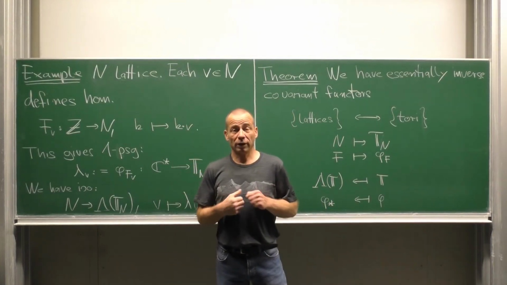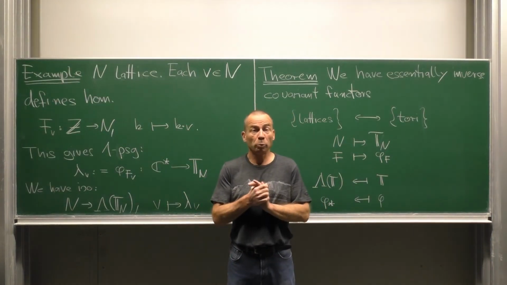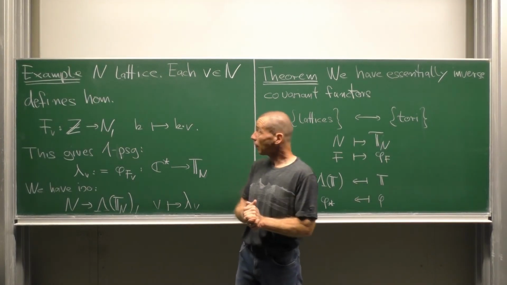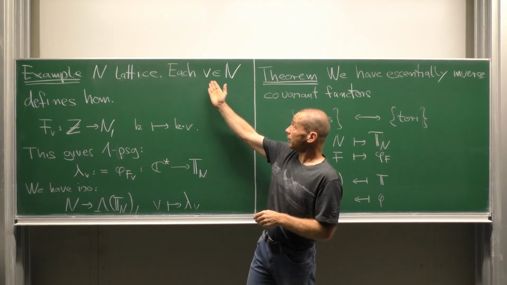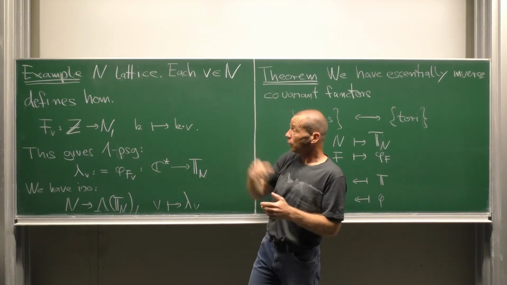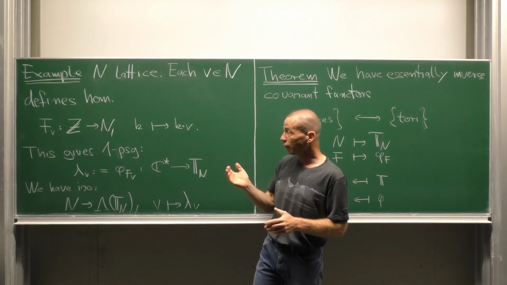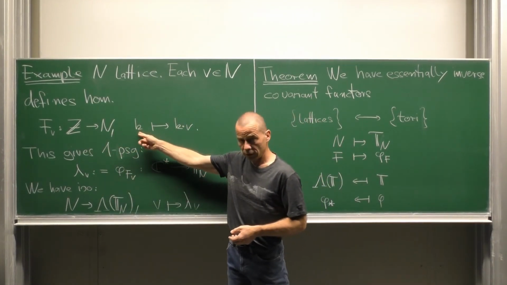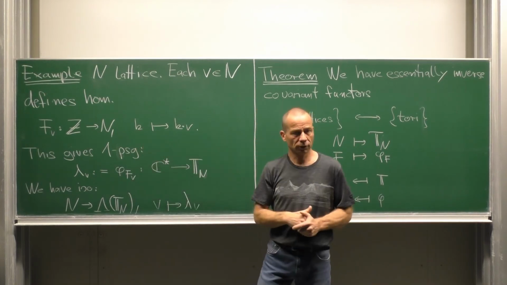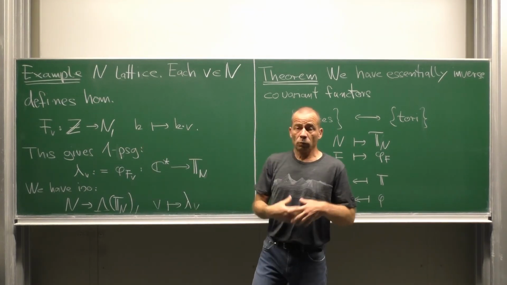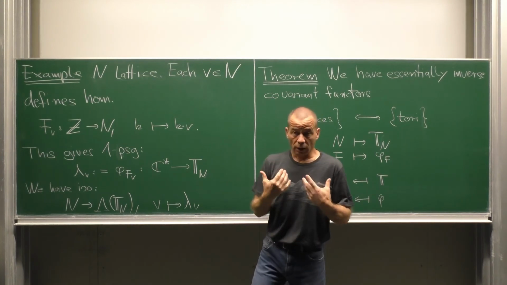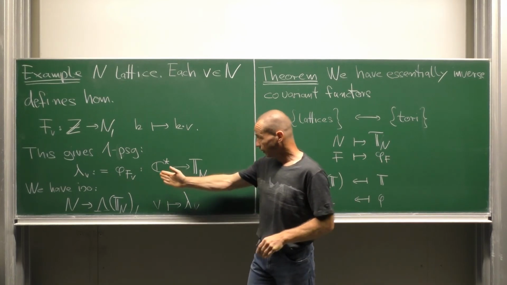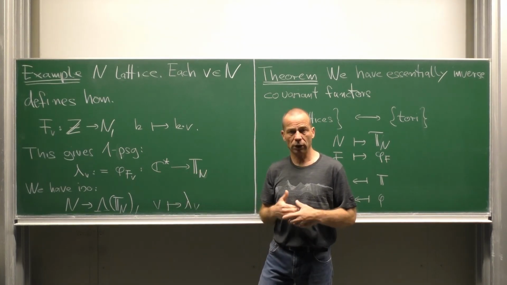Here comes a particular example for constructing homomorphisms between the tori associated to lattices. Take a lattice N, then every vector v of N defines a homomorphism f_v from Z to N just by sending an integer k to k times v. So this gives us a homomorphism of the associated tori. These are C star and the torus T_N.